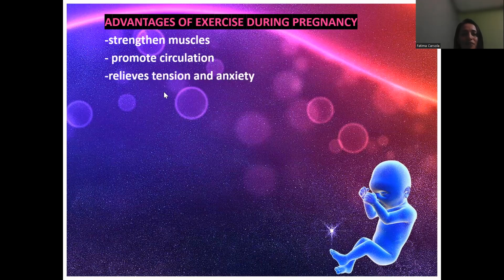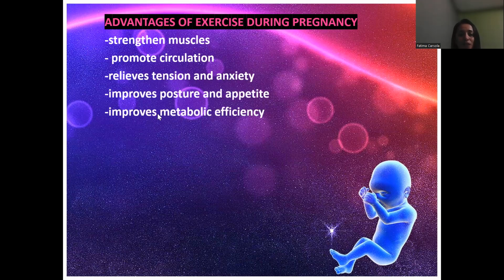And it relieves tension and anxiety. It will help you relax and improves posture and appetite. Posture, for us to at least help correct the lordotic position later on. And then you have here improves metabolic efficiency, for you to be able to poop, because you understand that you will have constipation during pregnancy because of the presence of progesterone, and progesterone is a relaxant hormone. So you have to do exercise to at least help your body eliminate the poops, okay?